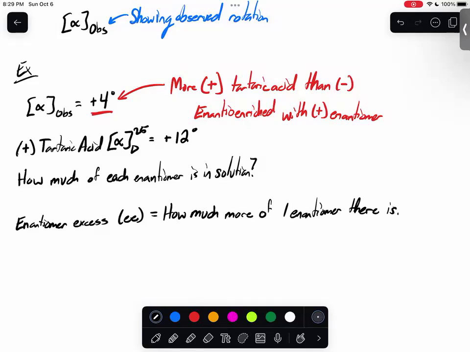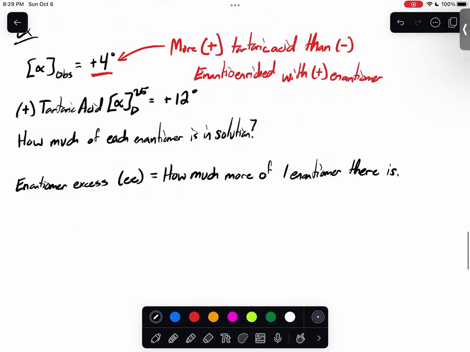So, how do we calculate this? Well, the answer is pretty simple. What you can do is you can actually just take your observed value and divide it by the standard specific rotation, right? Because what this is essentially doing is it's a fraction, right? Your observed rotation over your specific rotation times 100% is going to give us what we call our percent enantiomeric excess or percent EE.